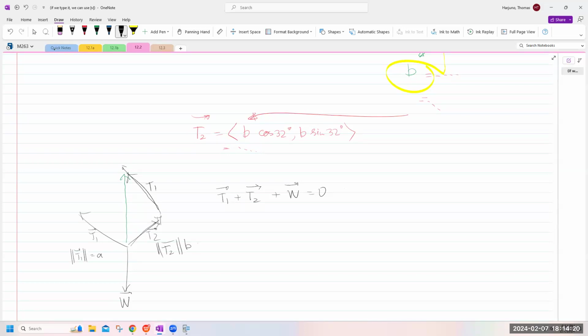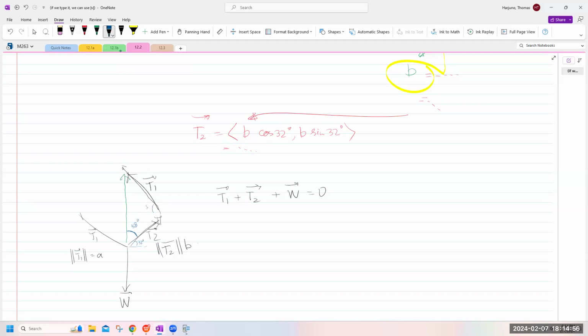Notice that this is also T1. Then what you can do is find the angle here. Let me use another color. If this is 32, then this must be 58 degrees, right? And if this is 50 degrees, then what will this be?